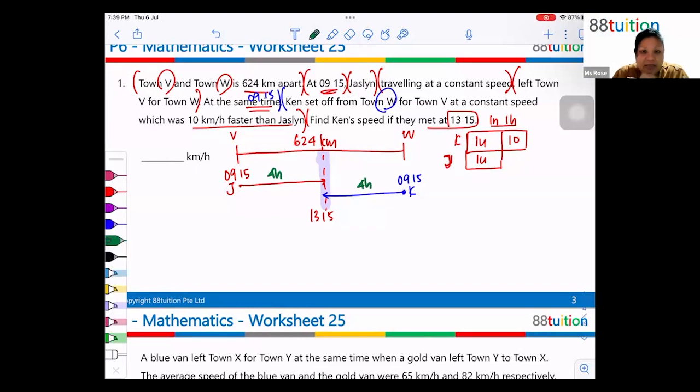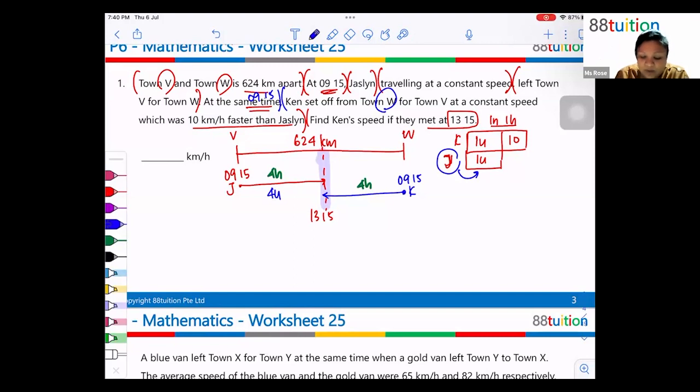Now that means in 4 hours, if the speed of Jaslyn is 1 unit, what is the distance covered by Jaslyn? If in 1 hour she covers 1 unit, in 4 hours she will cover 4 units.